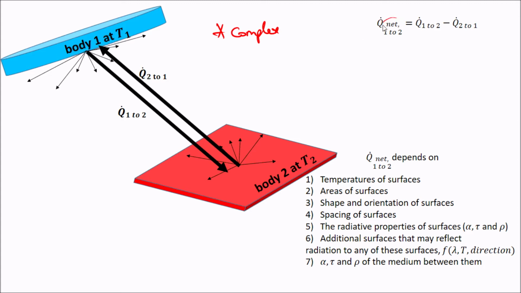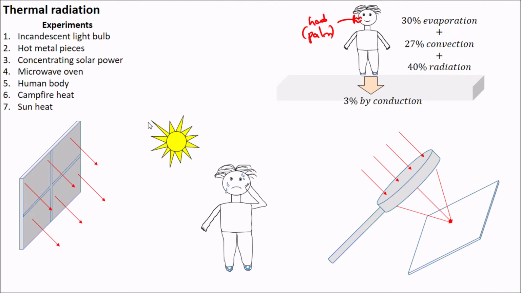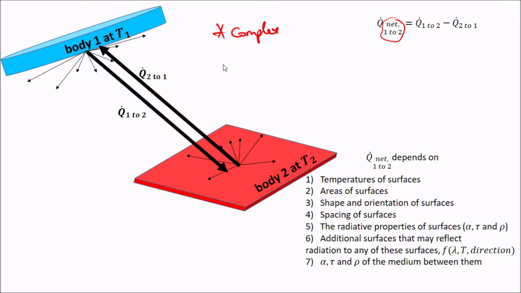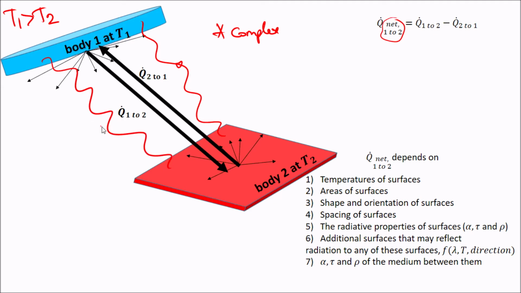This net heat transfer is the difference between the heat transfer from 1 to 2 and from 2 to 1, because as we said in our previous slide, for thermal radiation, a temperature greater than 0 Kelvin is enough. It means that even if T1 is greater than T2, T2 will also transfer heat to T1, and at the same time T1 will transfer heat to T2.